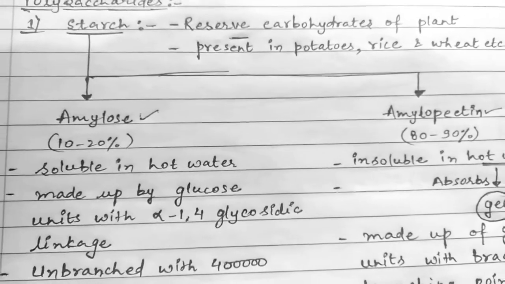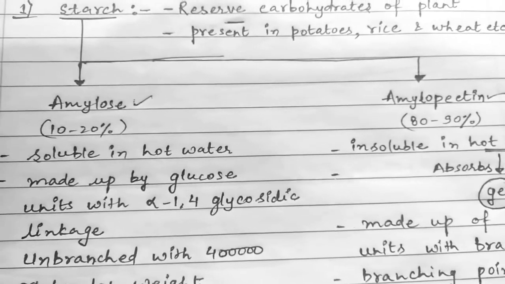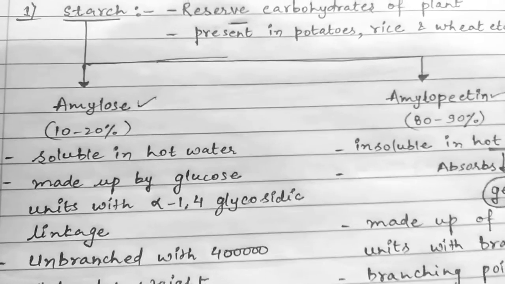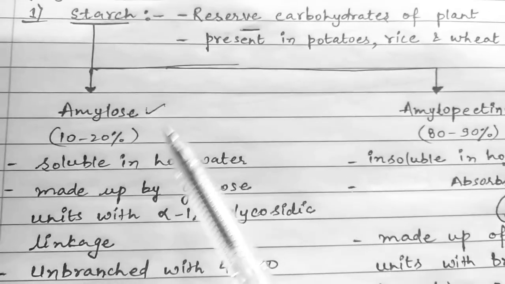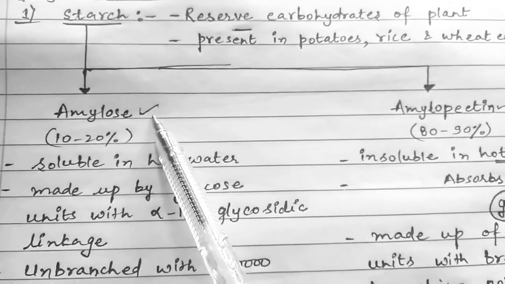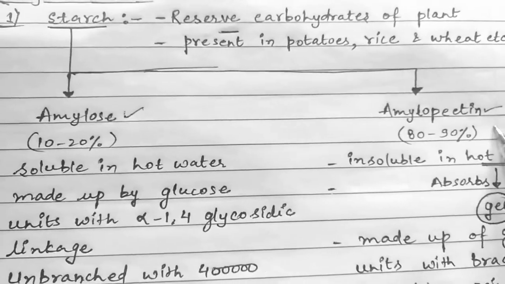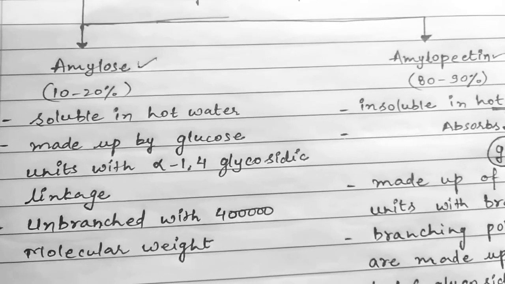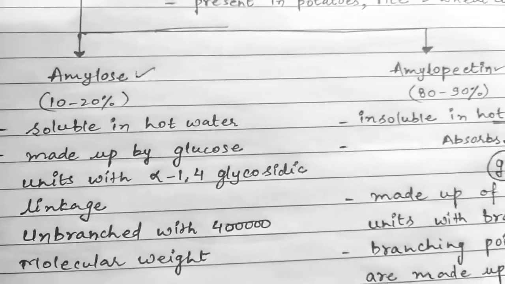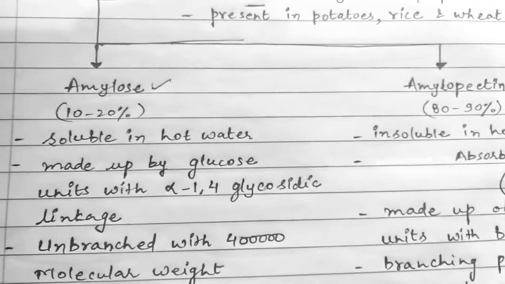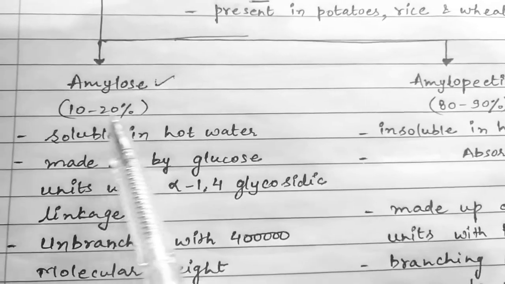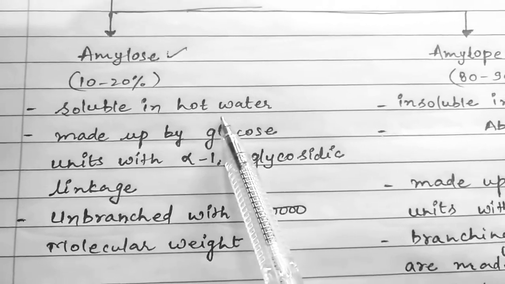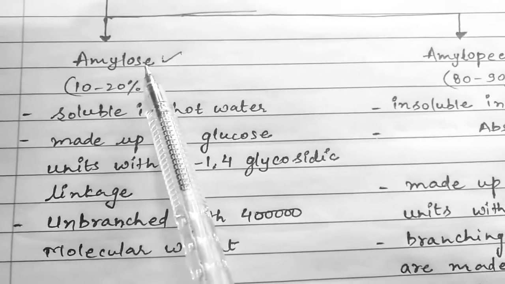Then student, we will talk about the structure of the starch. There are two types of compound. Number one is amylose, and number two is amylopectin. Whenever we treat starch with hot water, we see 10 to 20% of the starch gets soluble in the hot water, and that is amylose.